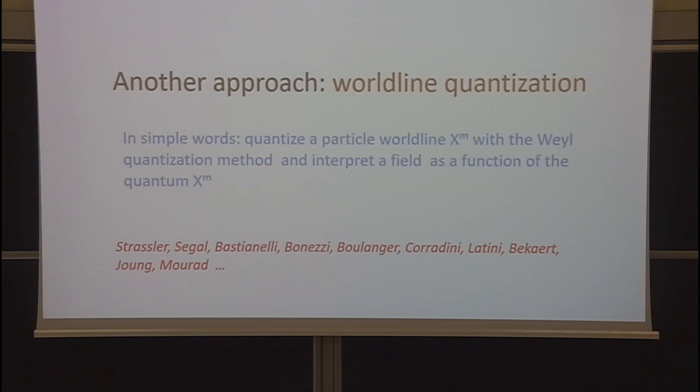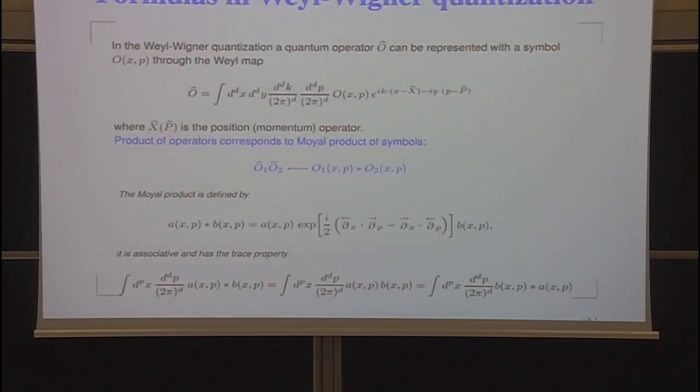This has a long history, and many people have worked on it. Also, the formalism is, I remember, a few basic formulas. The Weyl-Wigner quantization method is based on a set of quantum operators and their classical symbols. The symbols are defined in the phase space, not in the space-time only. They are a function of x and p.